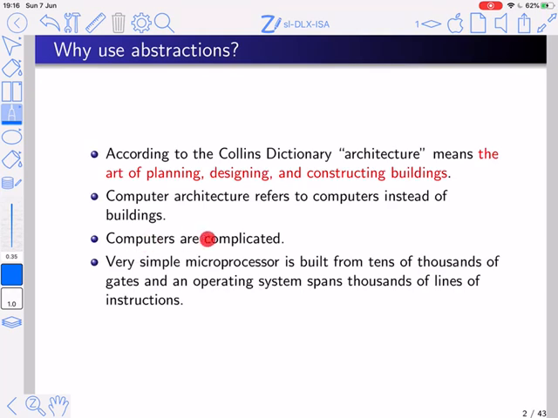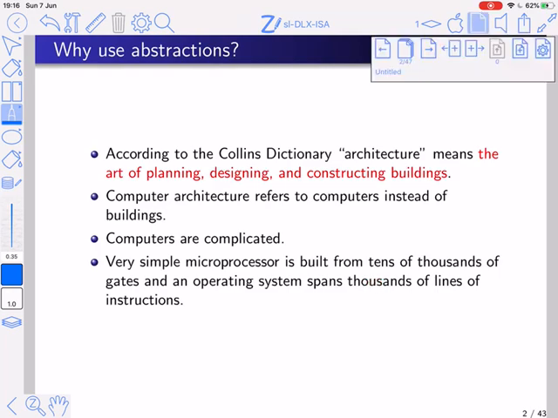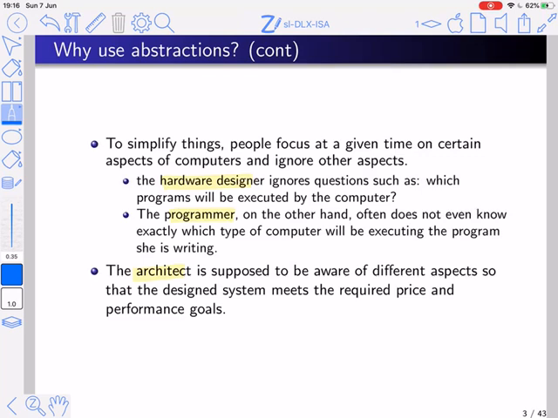Now, computers are complicated. Even a very simple processor is built of tens of thousands of gates, and it is controlled by an operating system that has thousands of lines of instructions. So we're talking about very complicated systems.